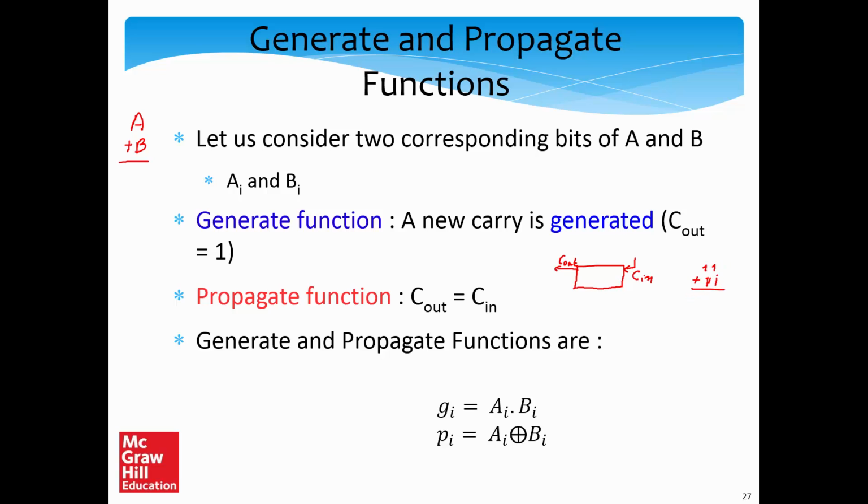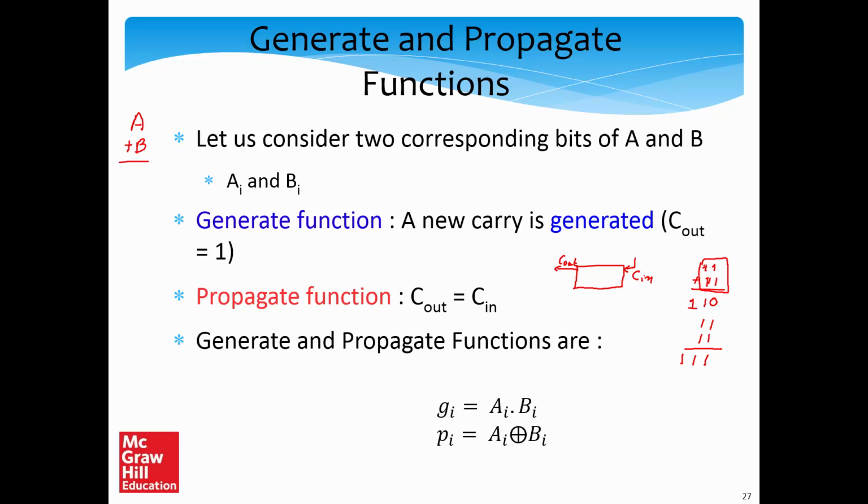Say the input carry is 0. Then 1 plus 1 will be 0, carry 1, and this will be 1, and an output carry of 1 will be generated. Let's assume that the input carry is 1. Then 1 plus 1 plus 1 is 1, carry of 1, again 1, and a carry out of 1. So if this is the contents of the block, irrespective of the input carry, the output carry will always be 1. So we are saying that we are generating.